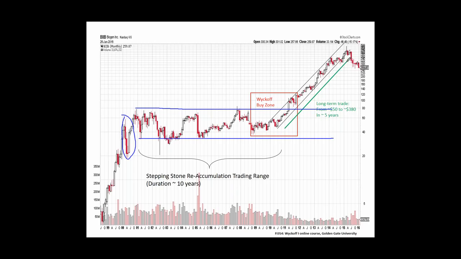So the composite operator, those big institutions, and by the way, when we talk about big institutions, I don't necessarily mean hedge funds or mutual funds. I mean huge pension funds, insurance companies, the ones that have billions and billions of dollars behind them, to commit to a specific industry group.